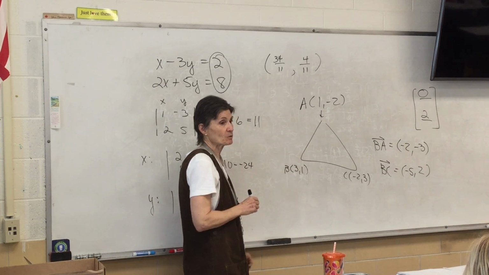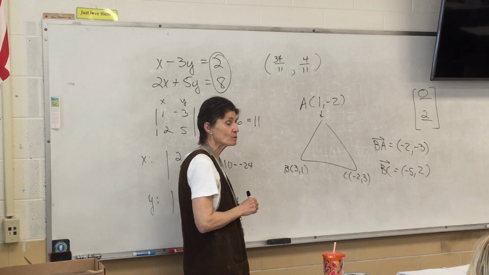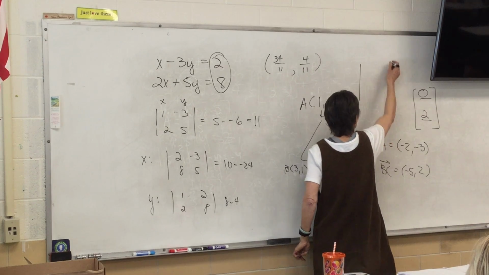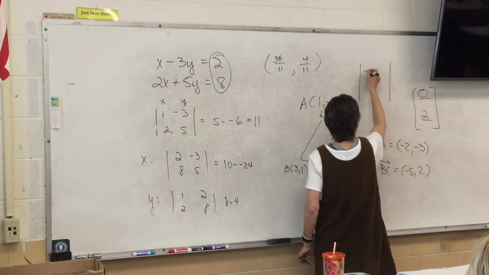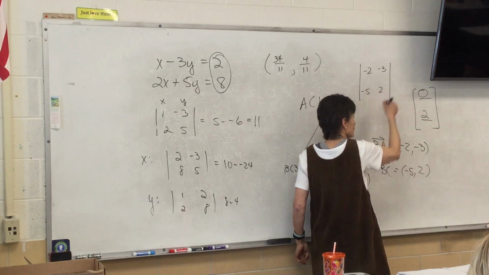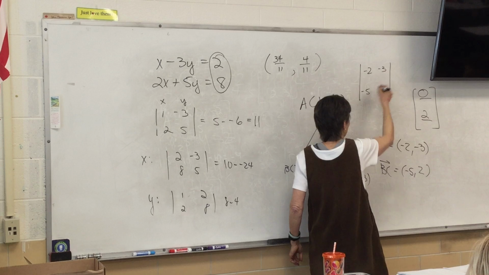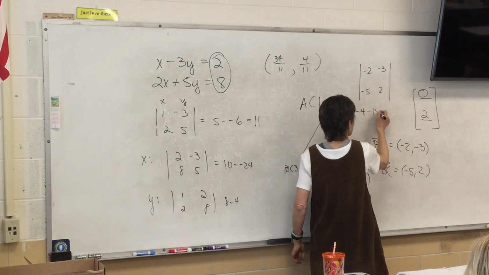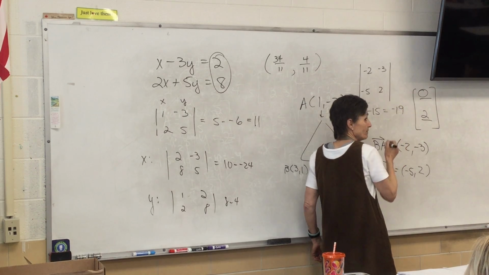Now it's going to happen on this one. The way some of you set your quiz question up, when you built the determinant from those numbers, the numbers were different. But when you built your determinant and you evaluated it, in this case, we're going to get -4 minus 15. I'm going to get -19.